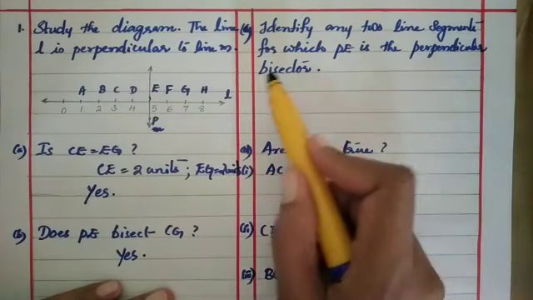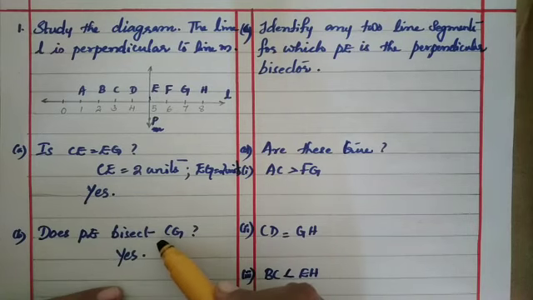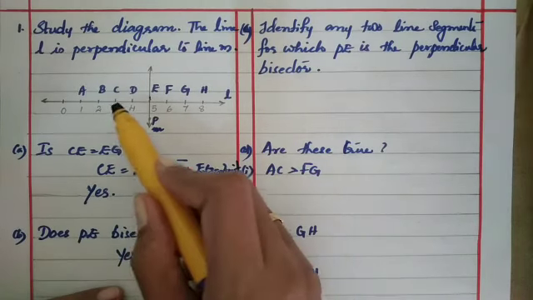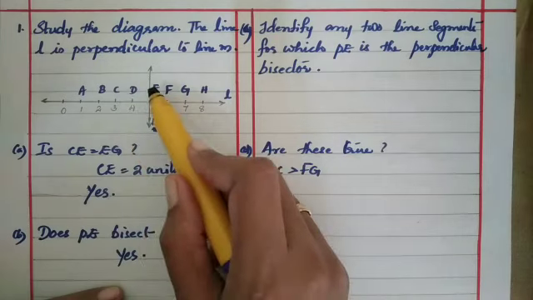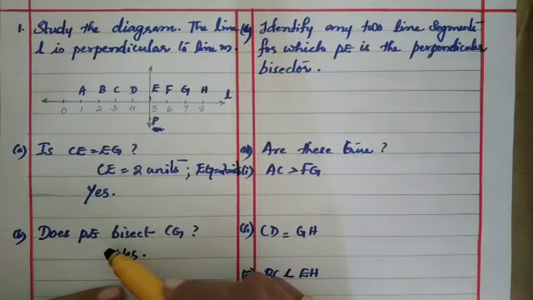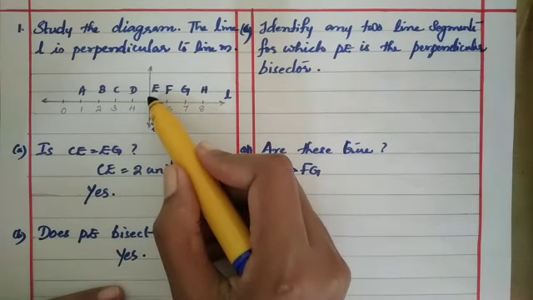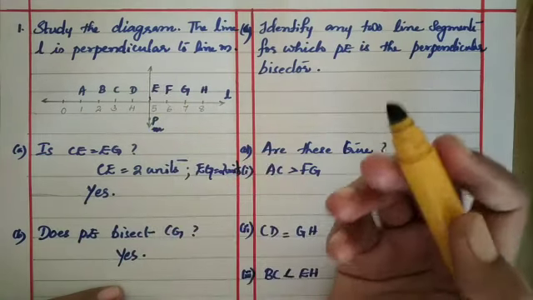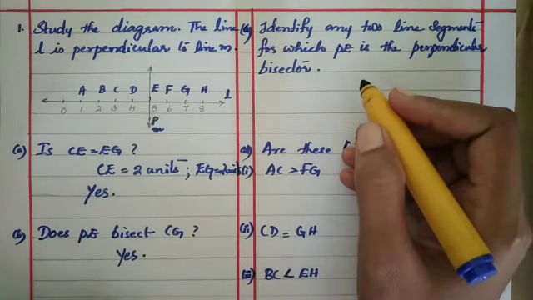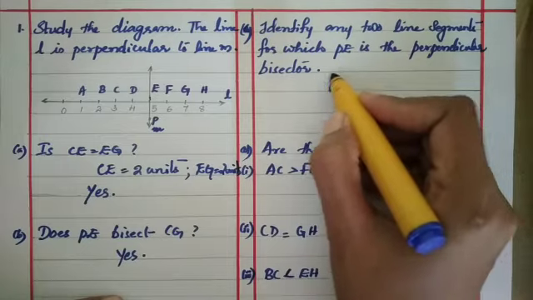So here one line segment is CG. PE bisects CG, and also the angle formed here is 90 degrees, or a right angle. So one line segment is CG.